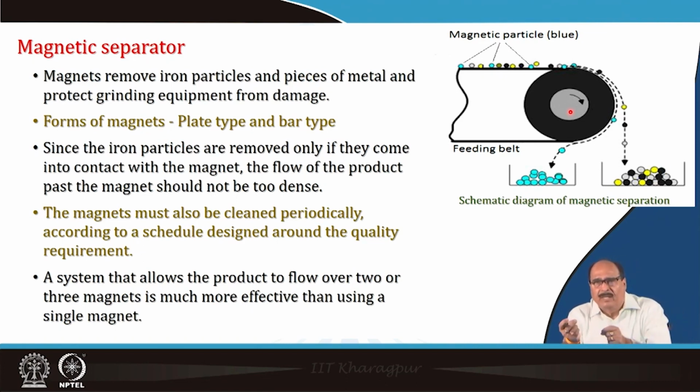If 1 or 2 pieces remain in one magnet, they can be separated in the second one. Here you can see the magnetic particles on the blue side coming in. So, by properly controlling the movement over the magnet, or having 2-3 such magnets in parallel, one can have effective separation.